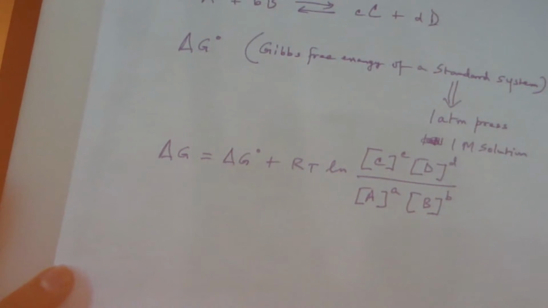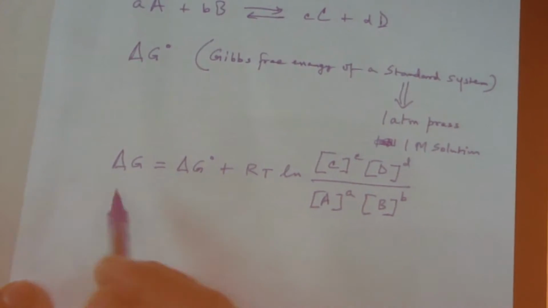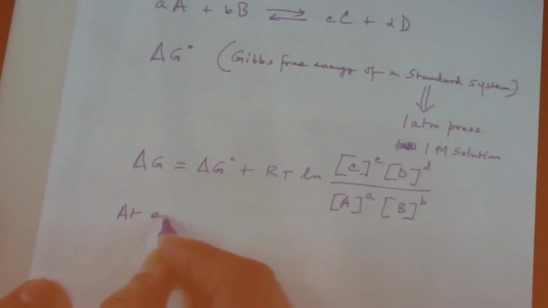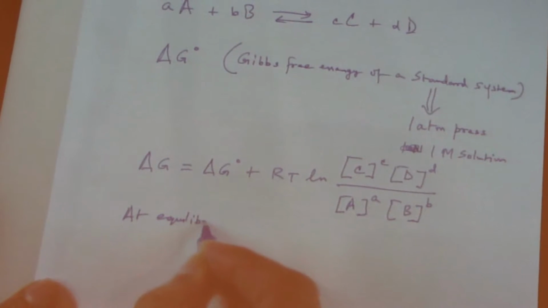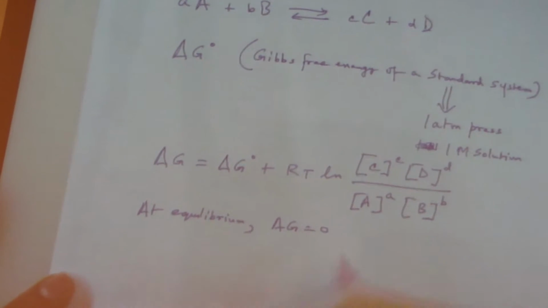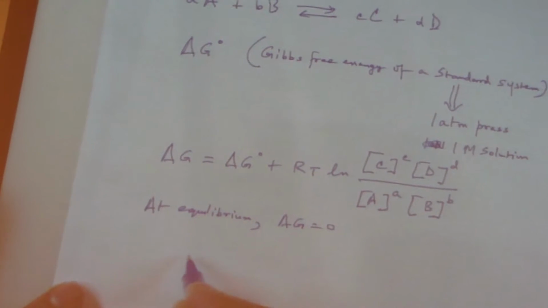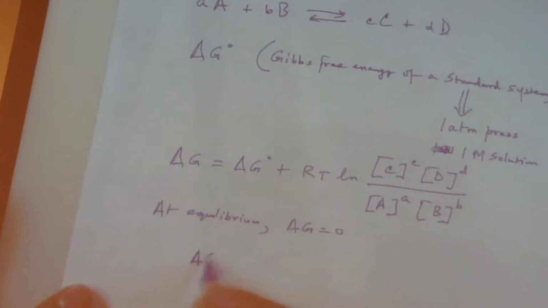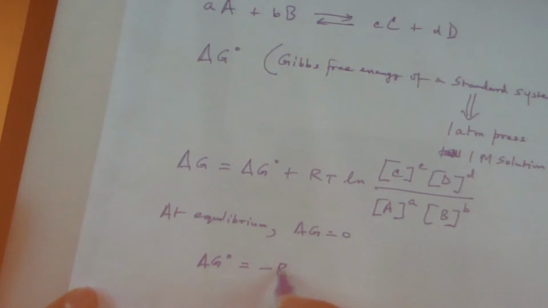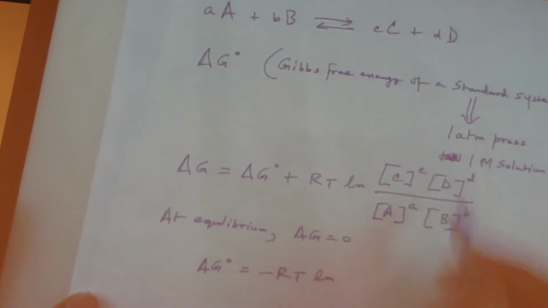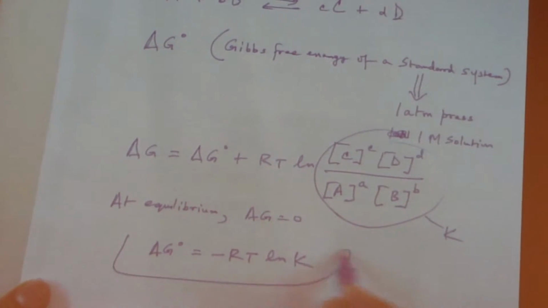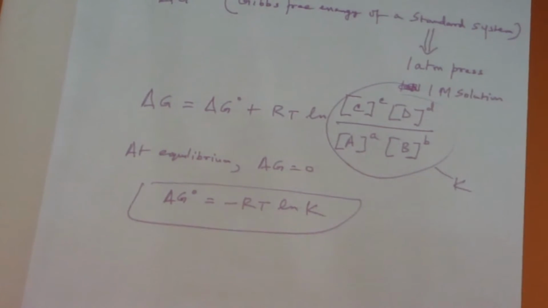Now, when in equilibrium, delta G becomes 0, right? At equilibrium, therefore, the expression goes to delta G0 can be defined, by transposing, as minus RT ln, and this entire thing is the equilibrium constant, K. So we can define that this way.